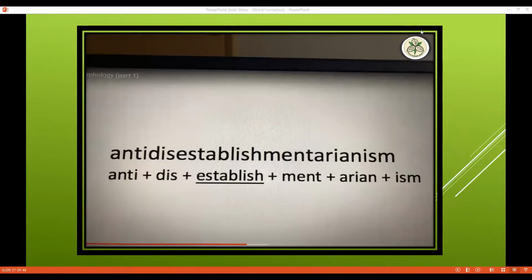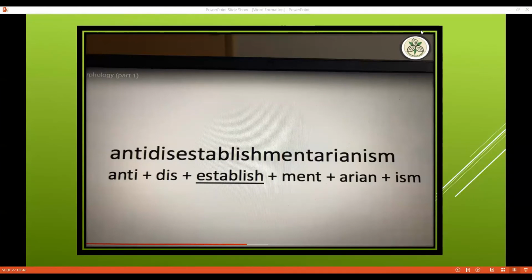Now let's take the last word, antidisestablishmentarianism. Now, this is a very long and perhaps intimidating word. It's about as exotic as English gets in terms of the number of morphemes that it can pile into one word. But it has six morphemes. First of all, there is establish.